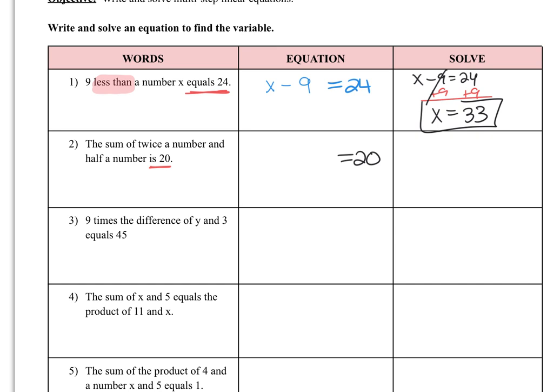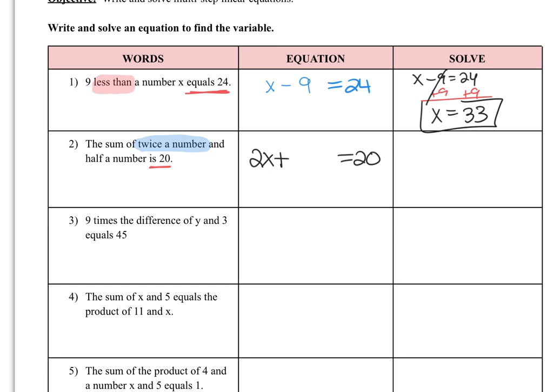What is sum? Plus. Yes. So I know I'm adding something. I'm leaving space because I have two things I'm going to be adding, right? The first thing they said, twice a number. Well, let's do x for the number because we don't know what it is. If I have twice a number, how would I write that? 2x. Yes. Good. So 2x.